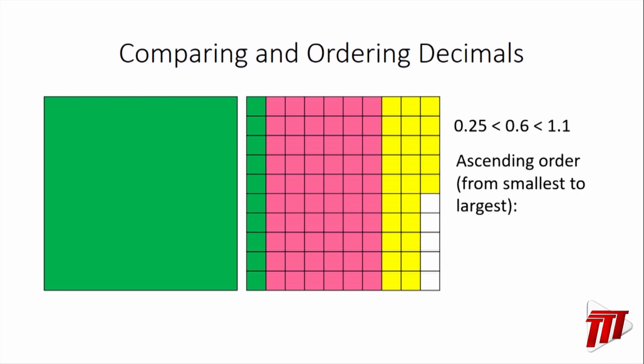Ascending order: if we are asked to arrange those decimal numerals in ascending order, we are going to start with the smallest and move on up to the largest. So 25 hundredths goes first, to be followed by 6 tenths, and finally 1 and 1/10.